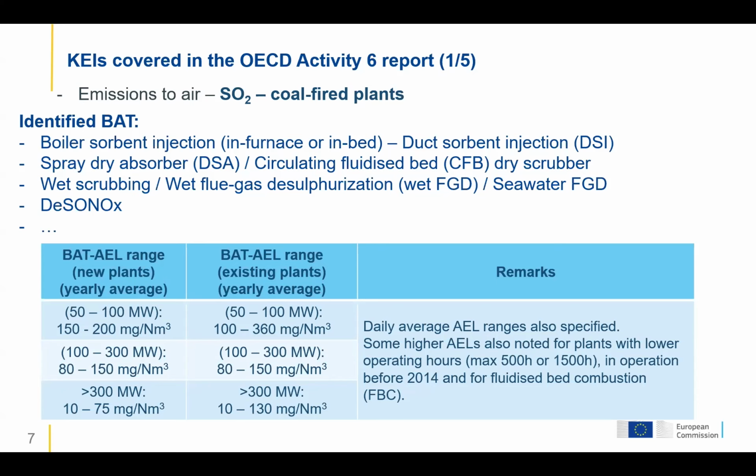Two cases, one for the group of plants with maximum operating hours per year of 500 hours, and the second case of 1,500 hours per year in operation for plants in operation before 2014, and for fluidized bed combustion. That was very briefly for the sulfur dioxide emissions.